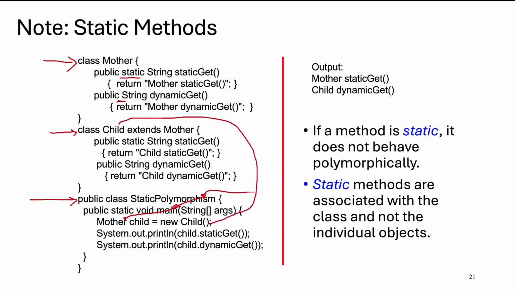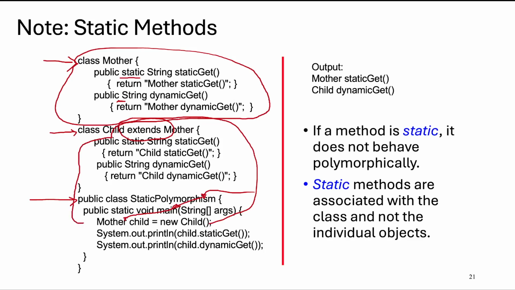The compiler goes here, enters into Mother. Because there are no constructors or global variables, the compiler enters into the Child. Since there are no constructors in the child class either, it exits from the child class and assigns the created object to the Mother.